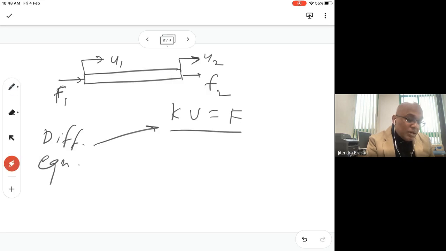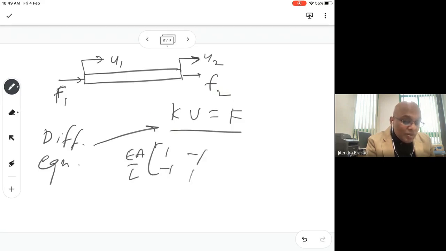And for that, we have to give the essential boundary condition. We assume that both are given to begin with, and from there we find out the values, so we will find out in this form basically. Just to give you a hint, we will automatically find this will be E over L times the matrix 1 minus 1, minus 1 1, and we will get U1 U2 equal to F1 F2.